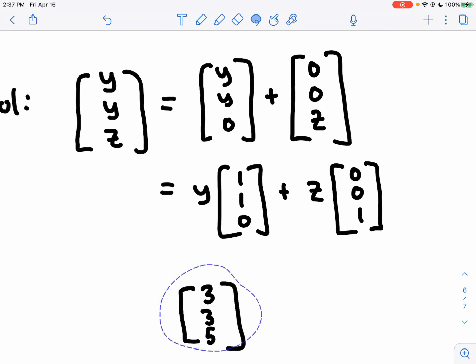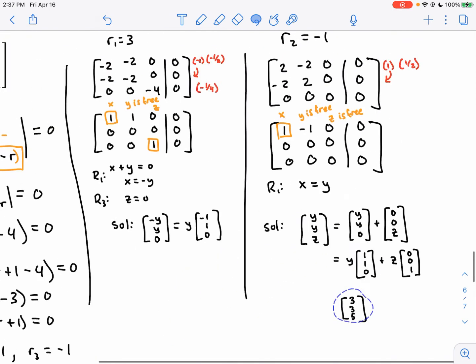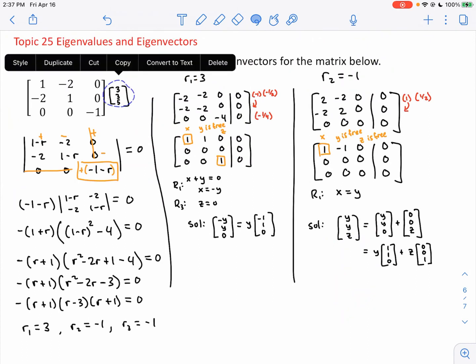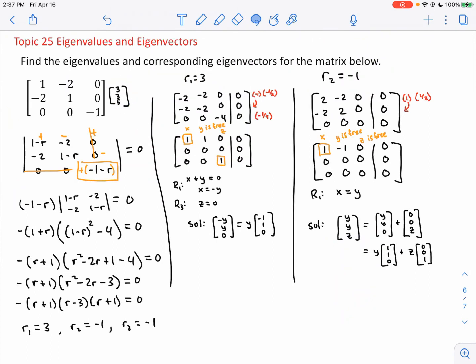So it should be that if I take this vector and I multiply it to this original matrix, I should get -1 times that vector. All right, so you take this vector times this matrix, you should get the opposite of this vector. So you should get -3, -3, 5 as a result. And I'll leave that to you to verify.